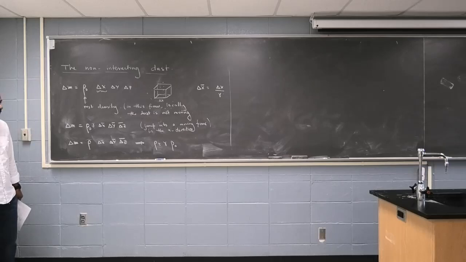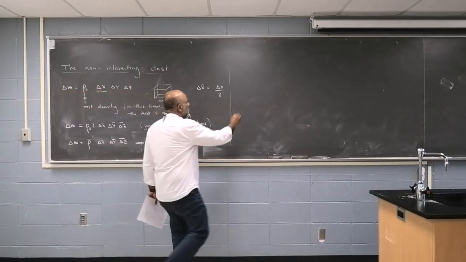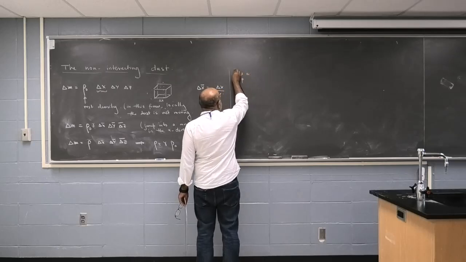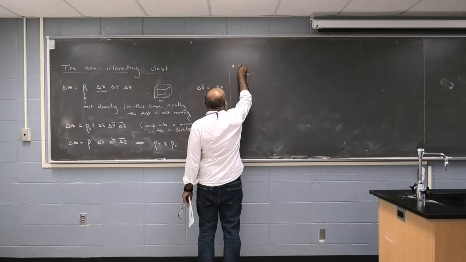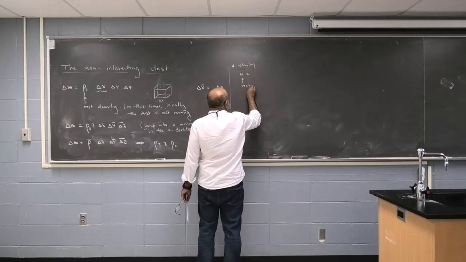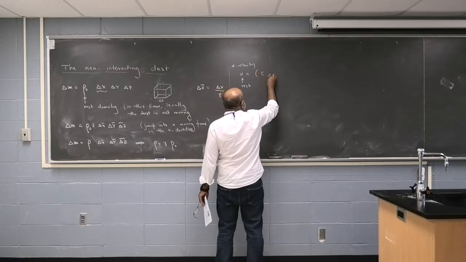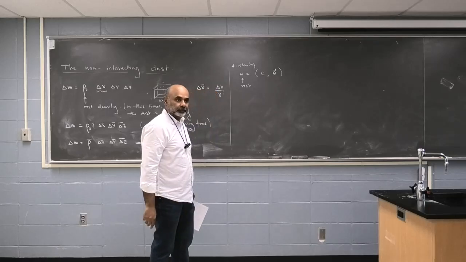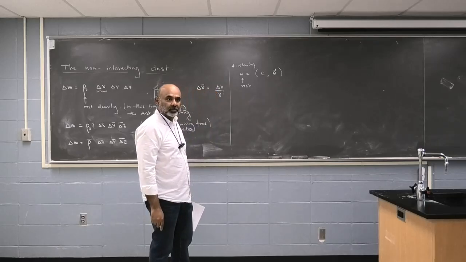For velocity frames, let me explain. If you look at an object at rest, this is the 4 velocity: this is rest, this is c, 0. Correct?